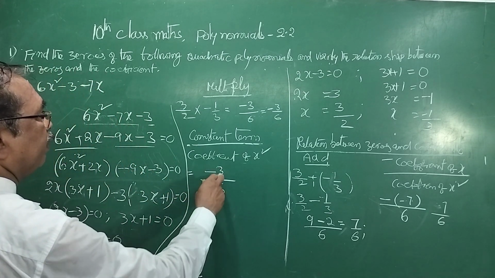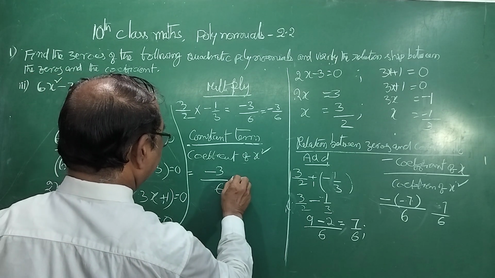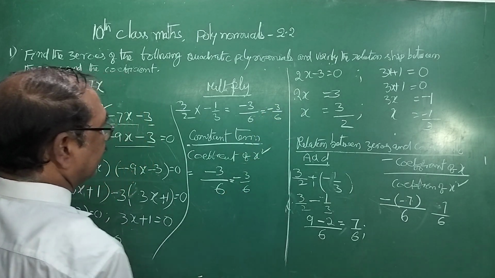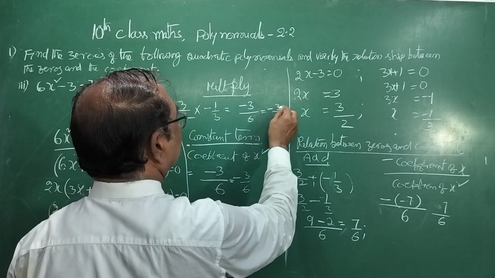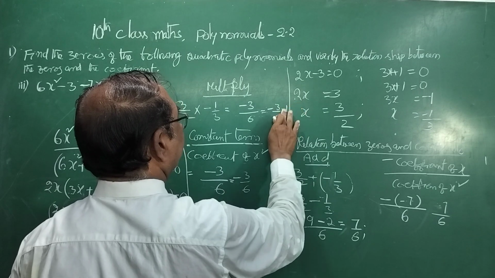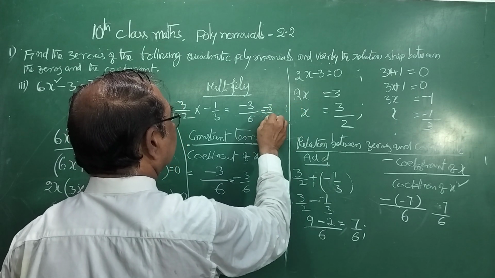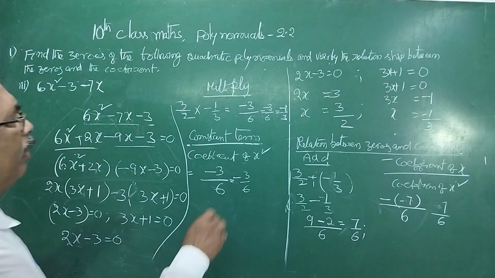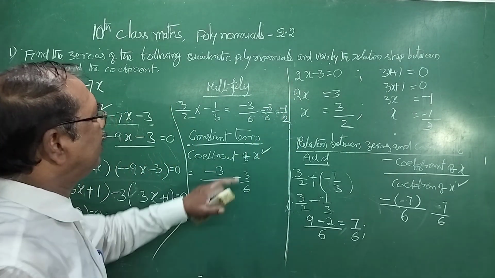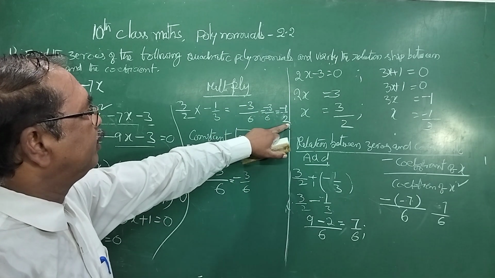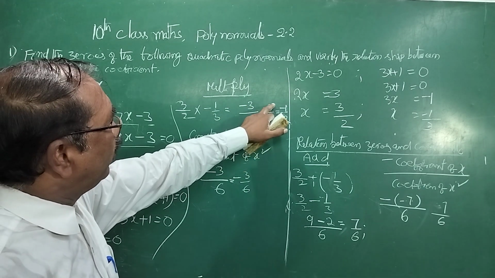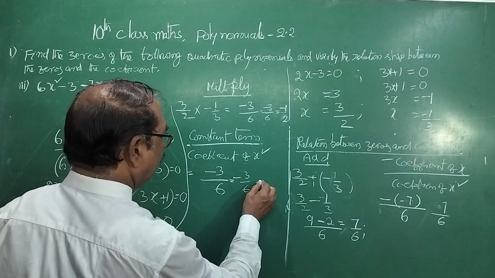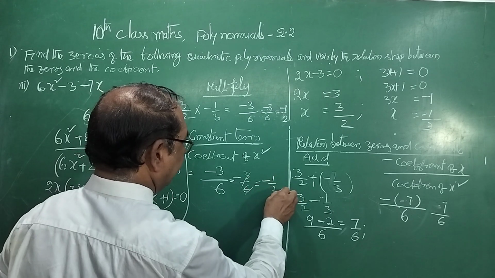So minus 3 by 6, the same answer. We can simplify it: 3 goes in 3 one time and in 6 two times, so minus 3 by 6 is equal to minus 1 by 2.